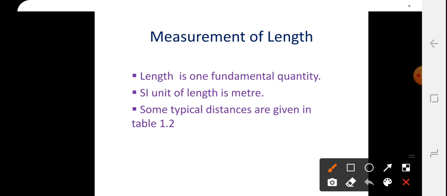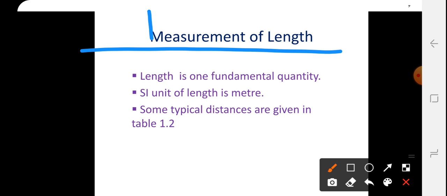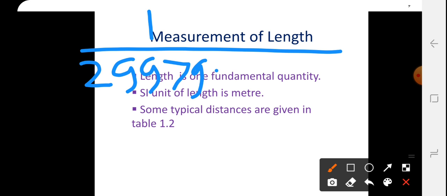But after 1983, a more precise measurement of the meter was developed. Here we determine that the meter is the length of the path traveled by light in vacuum during a time interval of 1 upon 299,792,458 second.